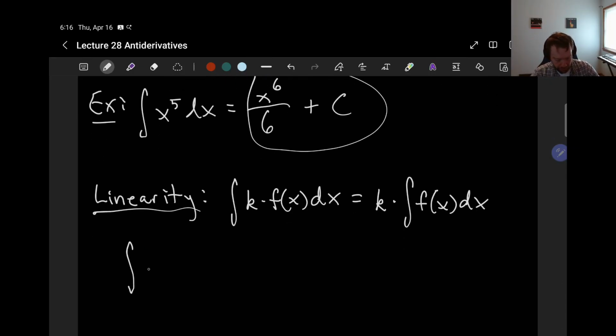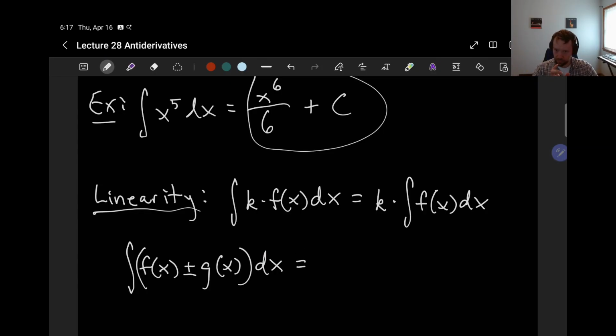So also if, well, let's use parentheses. Let's say I'm either adding or subtracting two functions and taking the indefinite integral or finding their antiderivatives. Then this is the same thing if you do each piece separately. It's kind of like how derivatives worked.